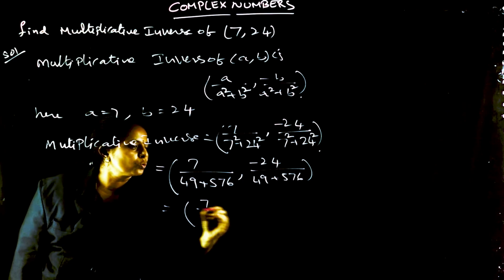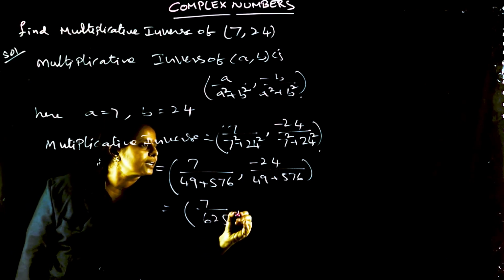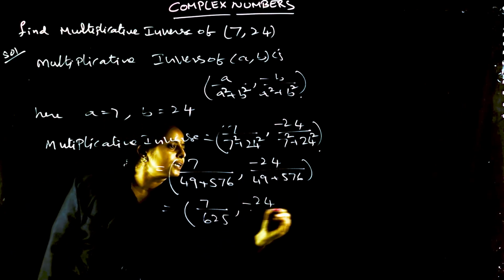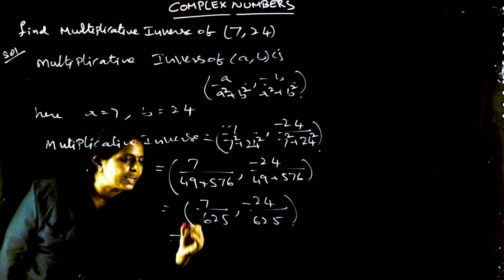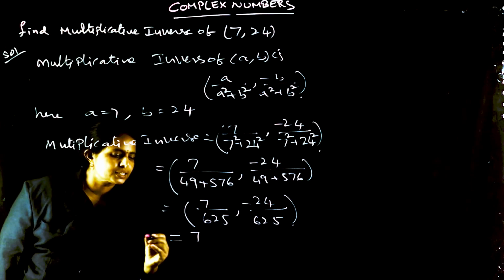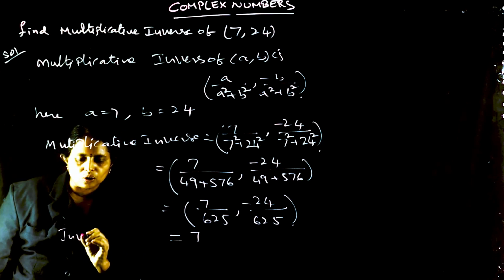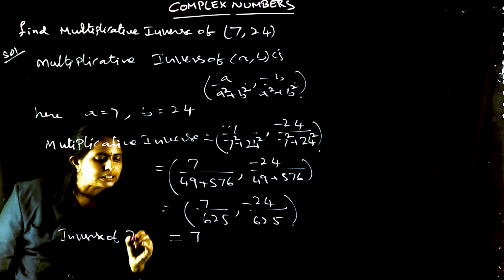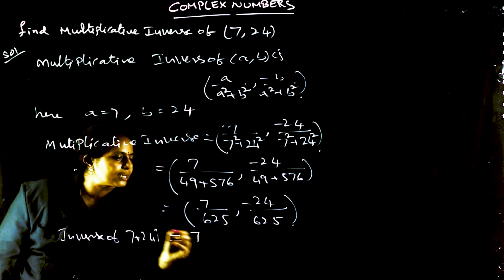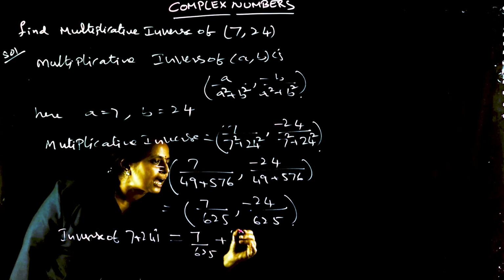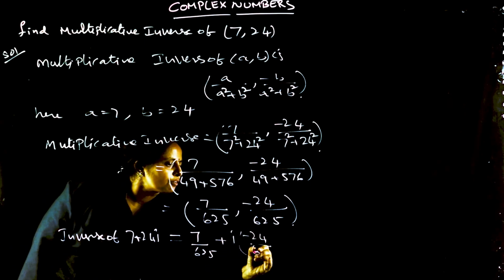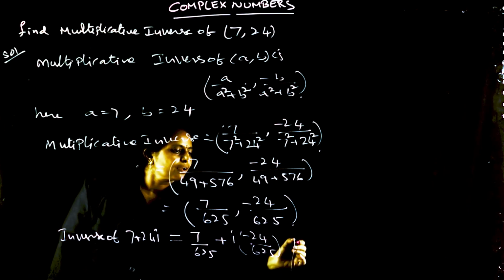So which is equal to 7 by 625 comma minus 24 by 625. So we can write the inverse of complex number 7 plus 24i as 7 by 625 plus i times minus 24 by 625.